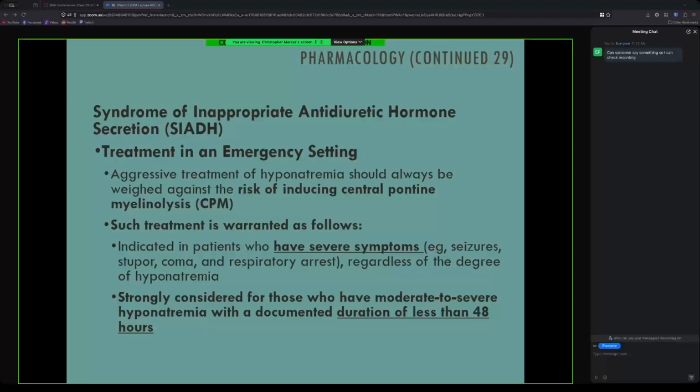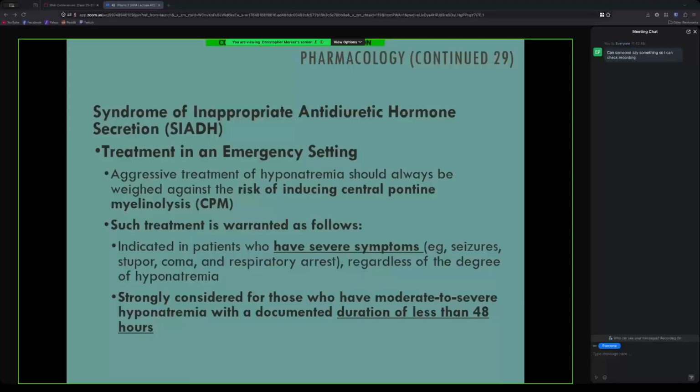And the reason being the brain hasn't really had time to adapt osmotically to the sodium and the volume. So the brain has less of a risk of cerebral edema with treatment.